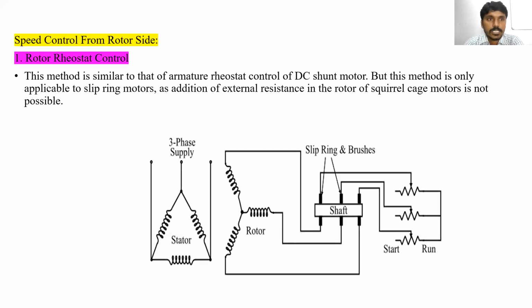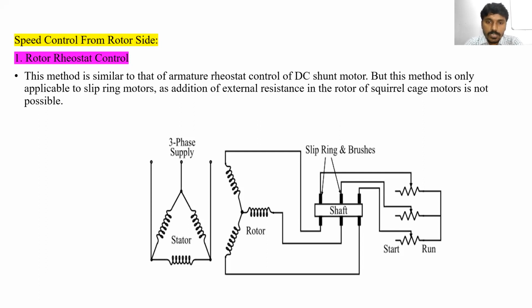In this case, we are going to control the speed of the induction motor by inserting a rheostat in series with the slip rings. By varying this rheostat, the current and voltage will vary.